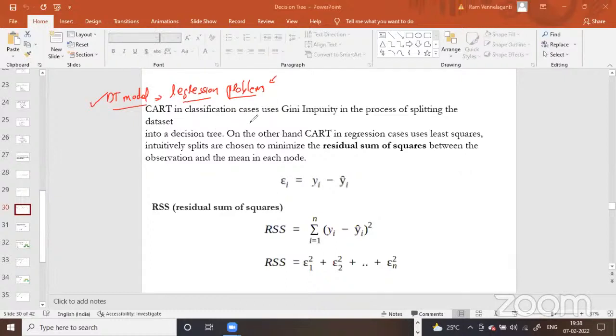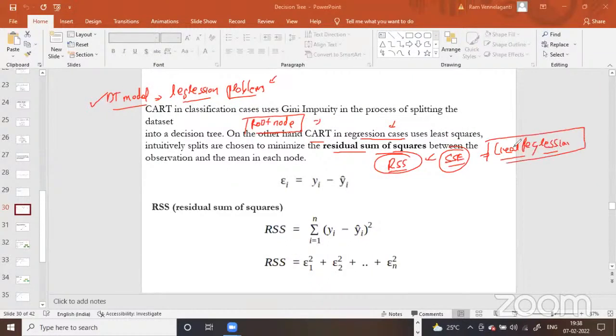So for finding out our root node, when we are applying our CART decision tree model to solve regression problems, we have to work with one condition. What is that condition? We are going to use the concept of residual sum of squares. Wherever you heard this term residual sum of squares or error sum of squares, when you were discussing the concept of linear regression, there you would have applied the concept of residual sum of squares.